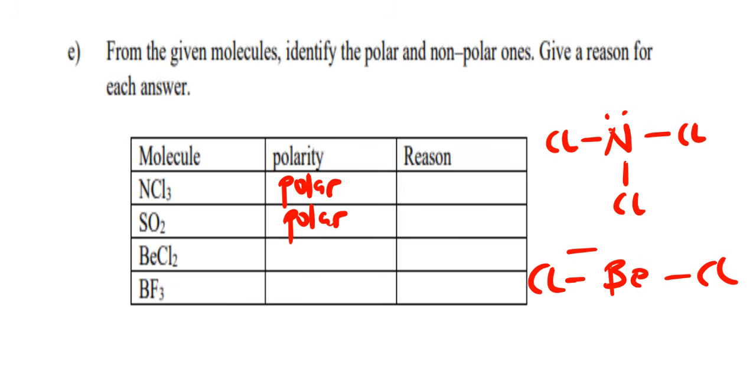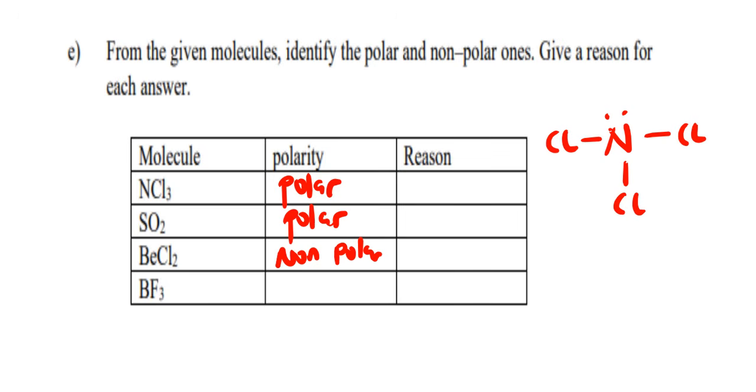Chlorine, which is a bit more electronegative than beryllium, pushes electrons towards itself, and also the other side. So because of that, we're just going to have a non-polar molecule. Okay, so in this case, this one is non-polar. So the dipoles themselves just cancel out. So those are some of the reasons.